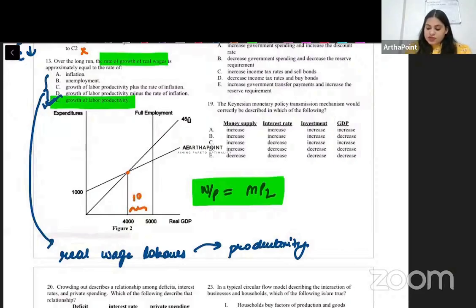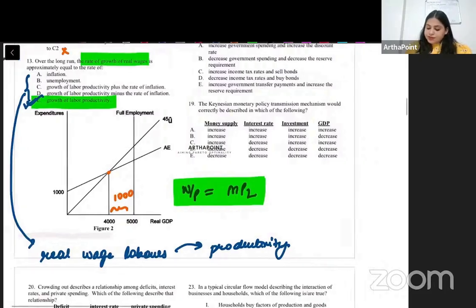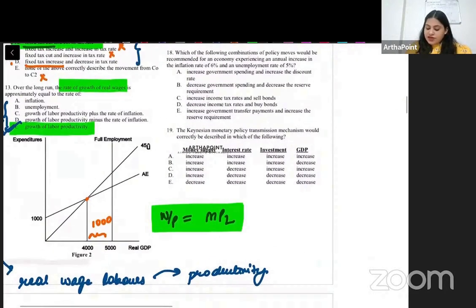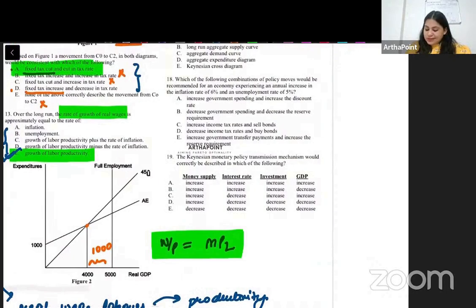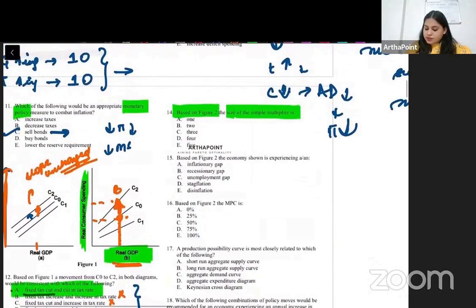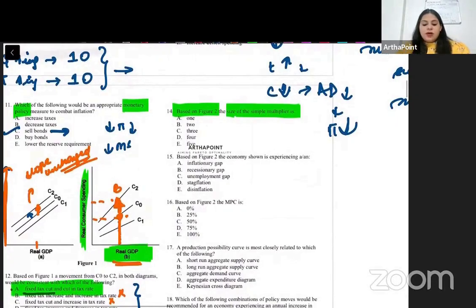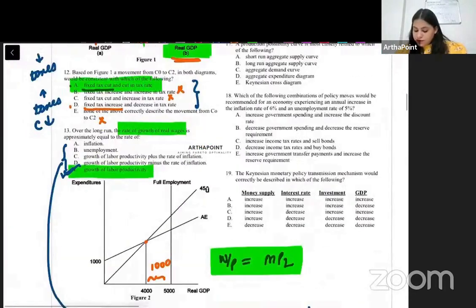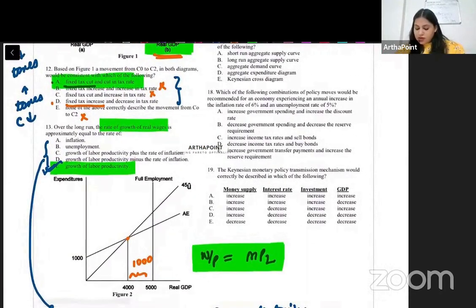So the change in GDP is 1,000, right? But I haven't got the left hand side here. The left hand value is not known, so we will not be able to comment on that.